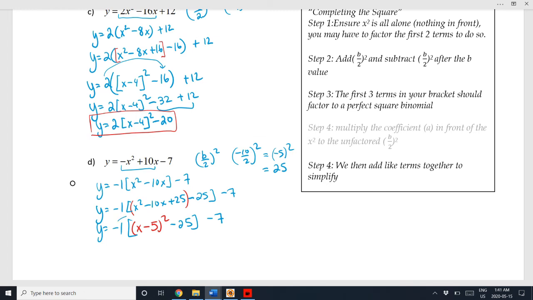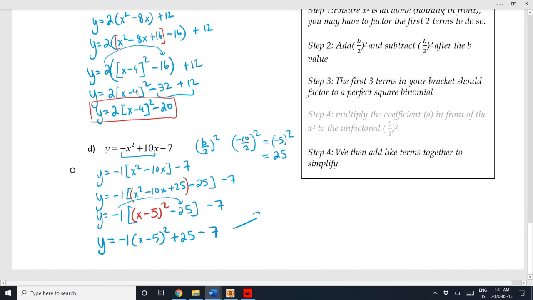So this negative 1 has to multiply to this negative 25. So we're going to get y is equal to negative 1 bracket x minus 5. And when we multiply it through, we can get rid of this bracket here. So we're going to get plus 25. So negative 1 times that negative 25 is going to be plus 25 minus 7.